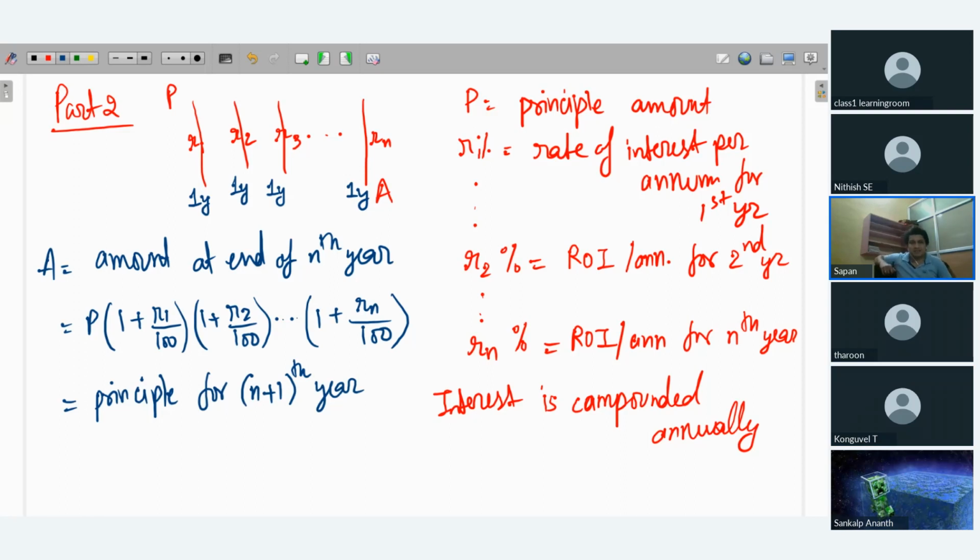So you were asking why this comes, why 1 plus, right? Who was asking? Sankalp. Uncle, why are you there? I can see something green floating in Sankalp's screen.